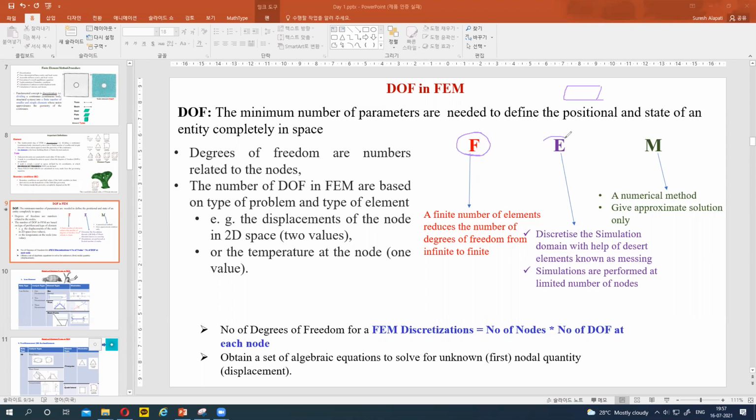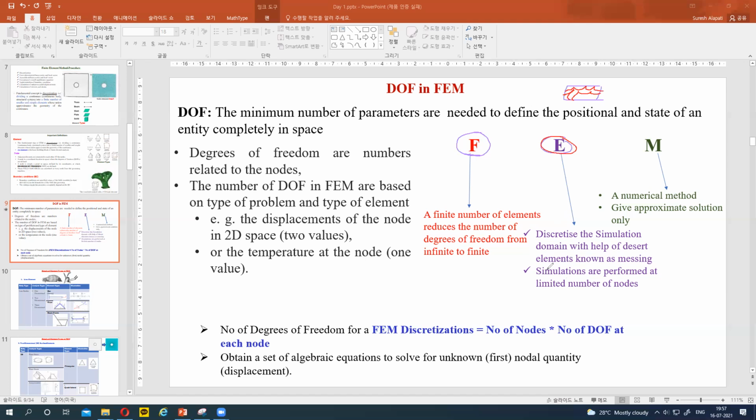So what is an element? We divide this into a number of simple elements. This is known as meshing, or discretization. We use elements to divide a space into a number of specified points.